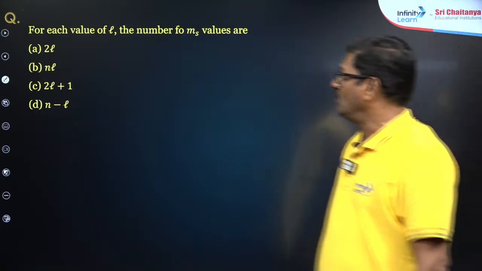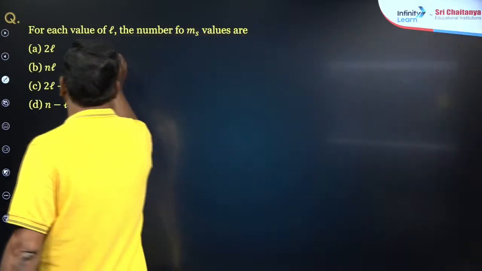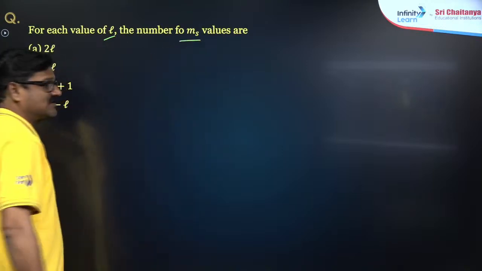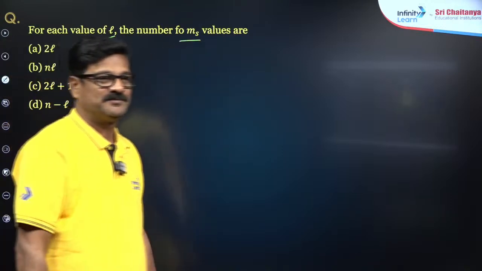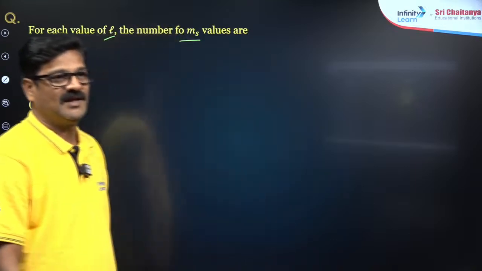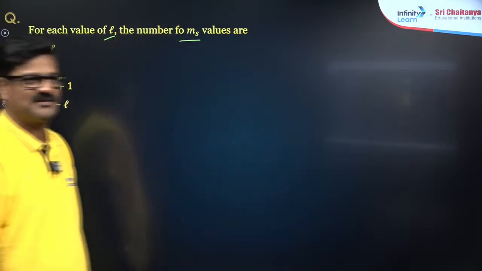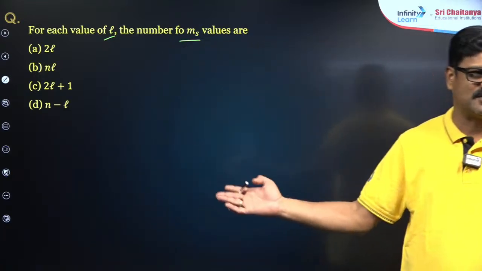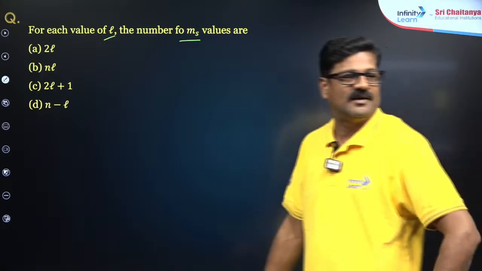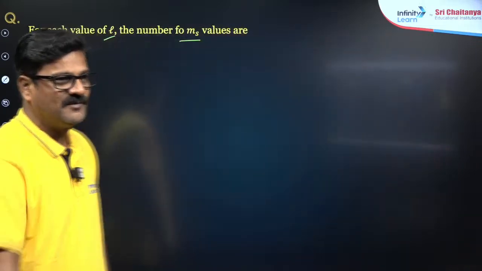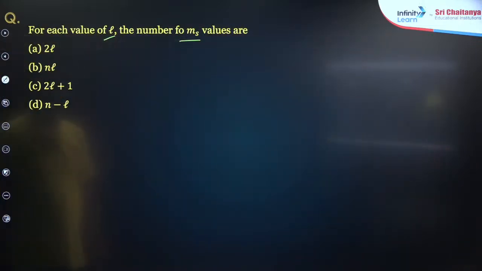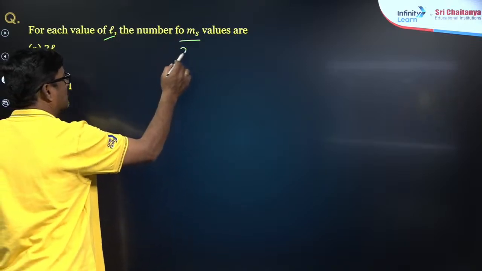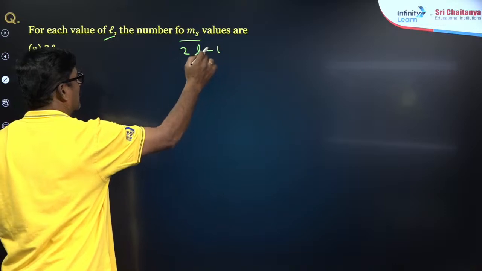Yes. Now for each value of L, the number of Ms, magnetic quantum numbers. Okay Altamash, do you have to go somewhere? There are a few more important questions, stay back. I recommend you to stay back. Here you are going to get the number of Ms values as 2L plus 1.